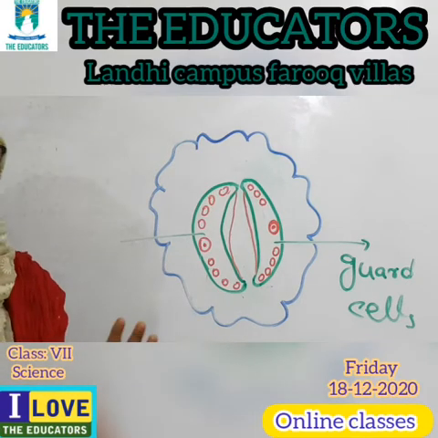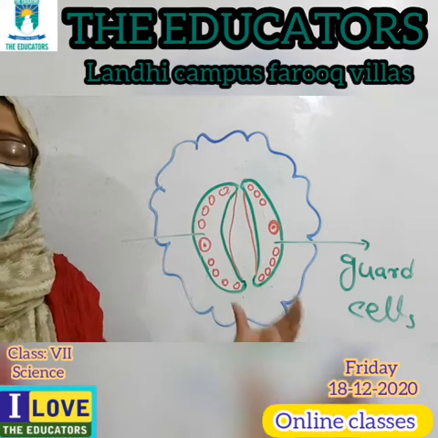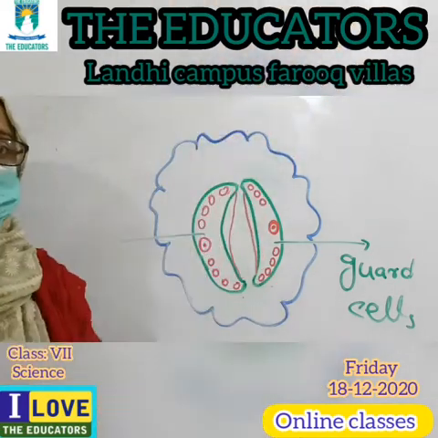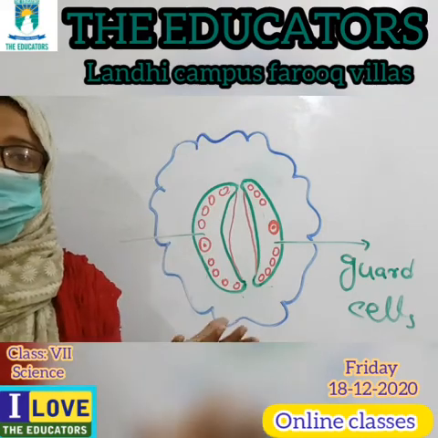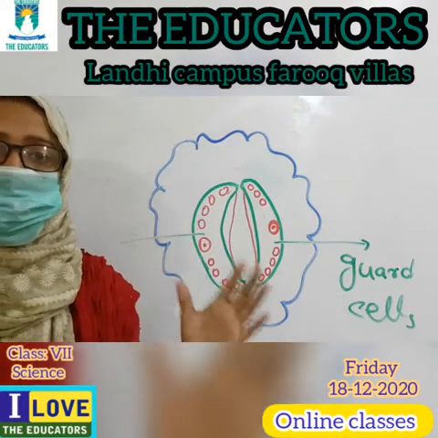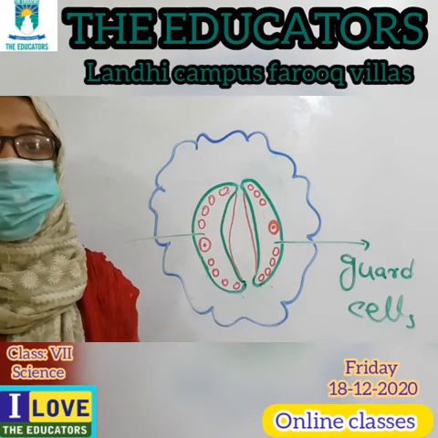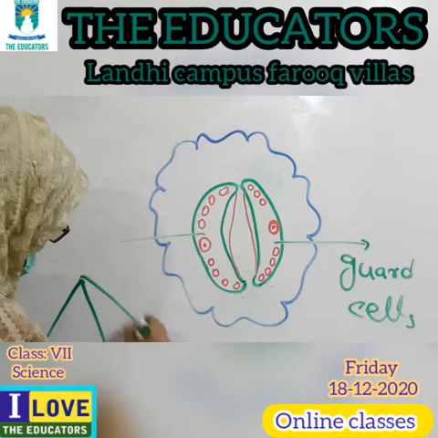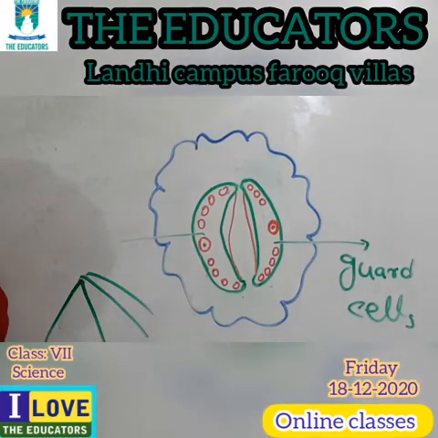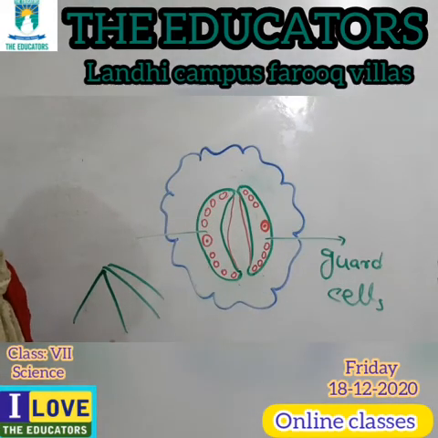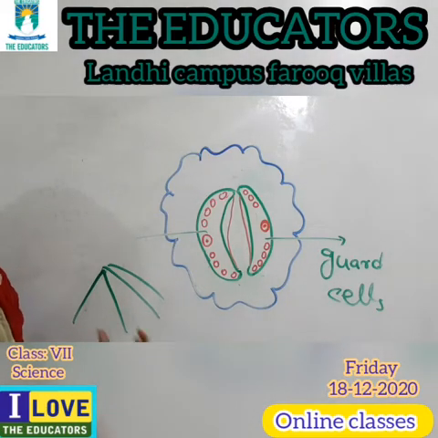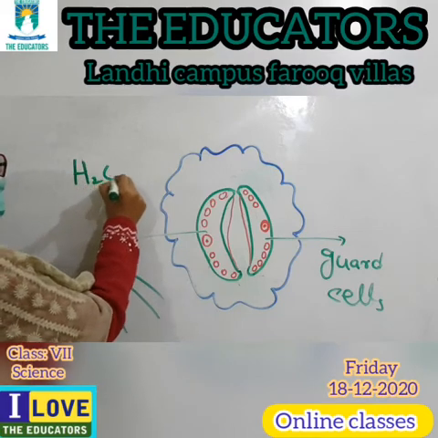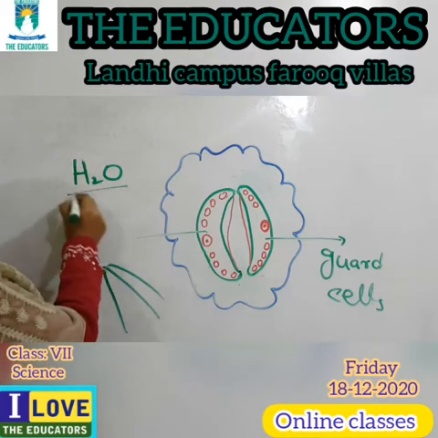Now class, we have learned that from the stomata, oxygen goes in and carbon dioxide goes out of the plant. Now the other place where oxygen enters the plant, what is this? This one is the root. You know that the root absorbs water and minerals from the soil, and oxygen is naturally dissolved in the water.